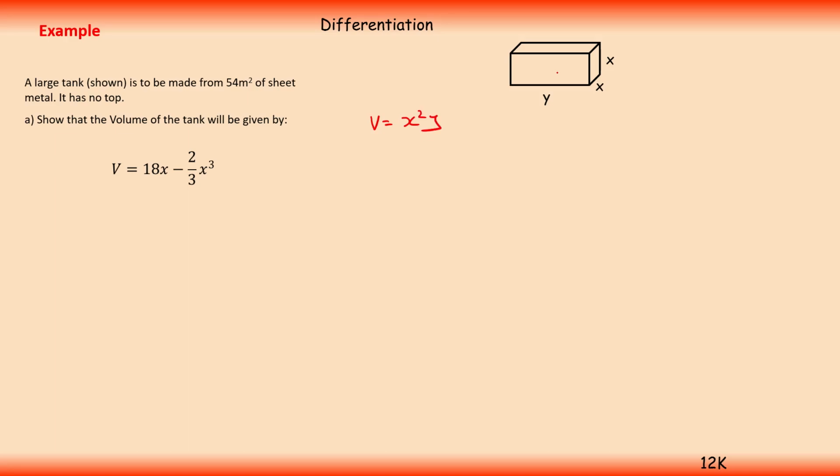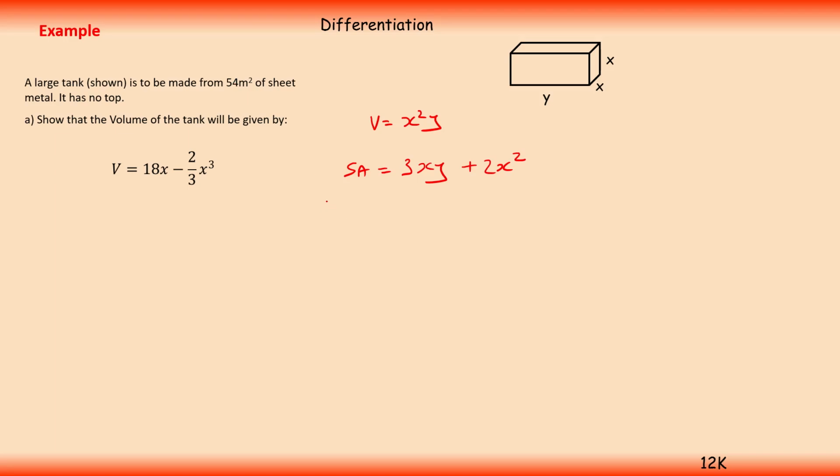But they've given us the area, or the surface area. So the surface area is equal to, well, if we look at this front face here, the area of the front face is y times x, so that's xy. But there are 3 of these equivalents, not 4, because unfortunately it has no lid. So that's going to be 3xy. And then you've got 2 sides, which are x squared, so plus 2x squared. Now that surface area is 54.